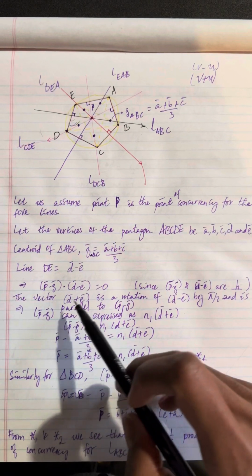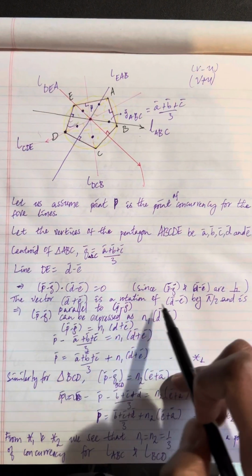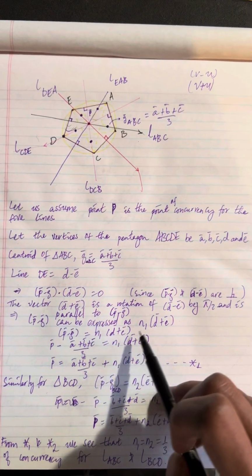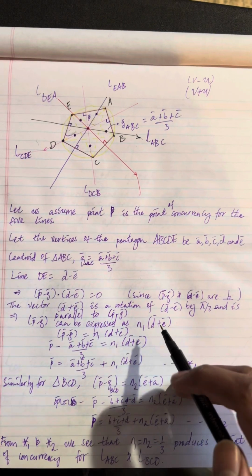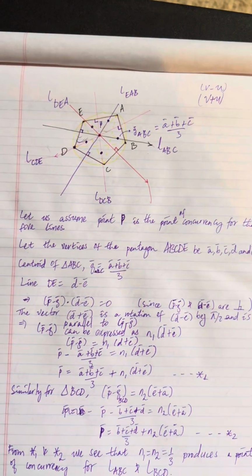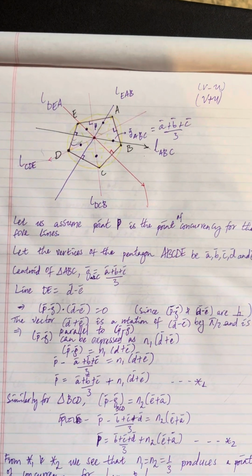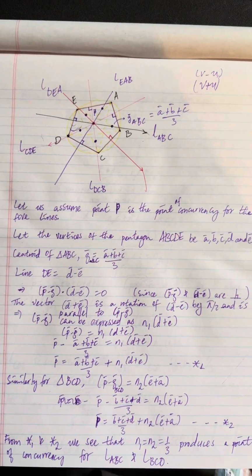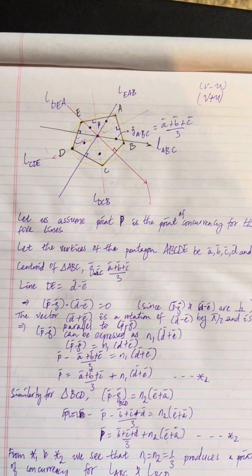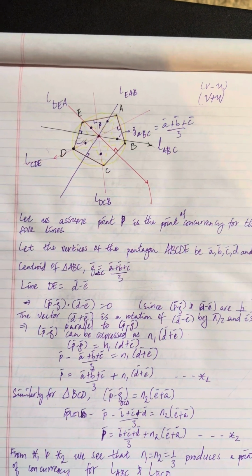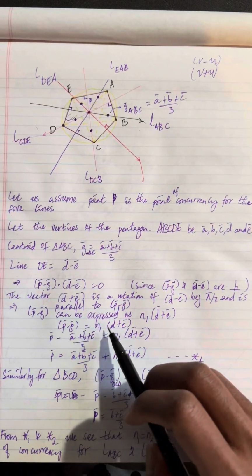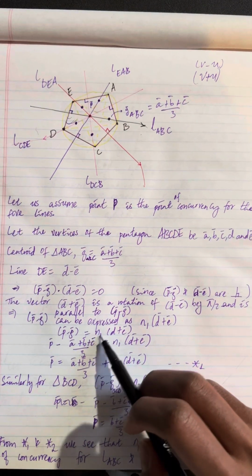So then that means P minus G and D plus E are parallel to each other, and one can be written as a multiple of the other. Two parallel vectors are either similar in quantity, or one is bigger and the other is smaller, or their direction is different, so those are the 3 things it could be. But n could encapsulate all that information.